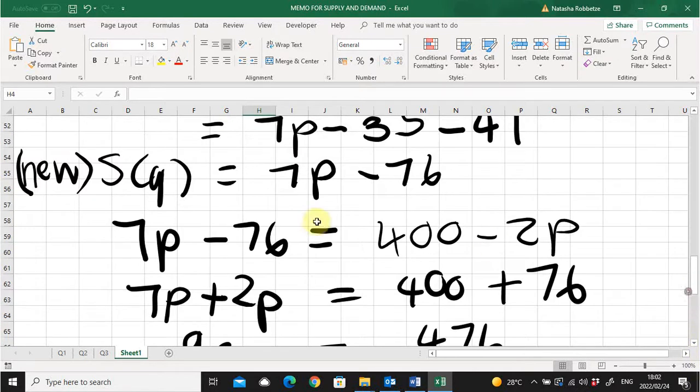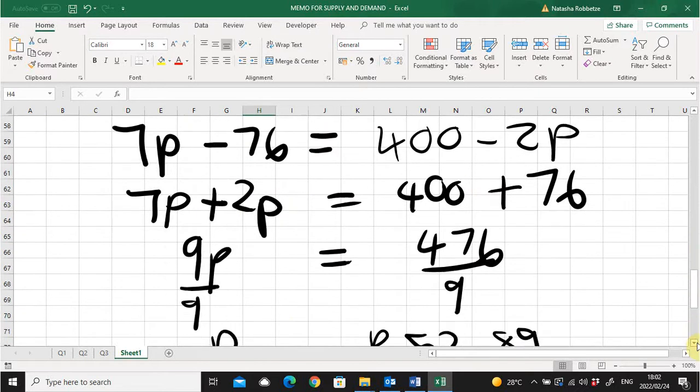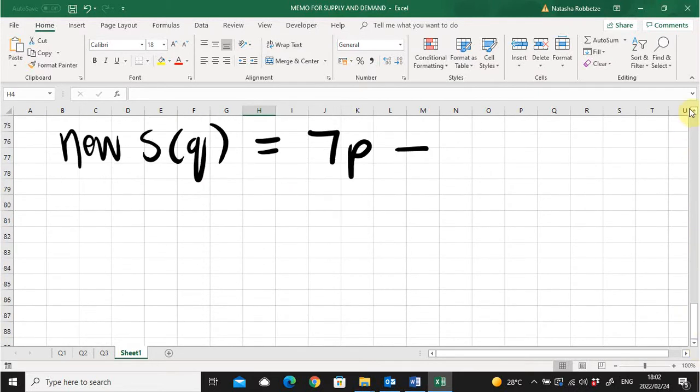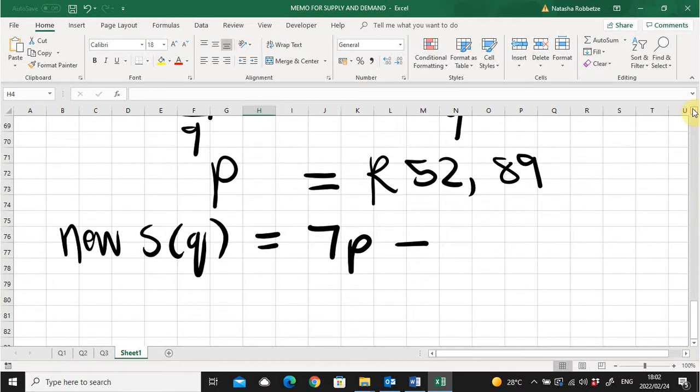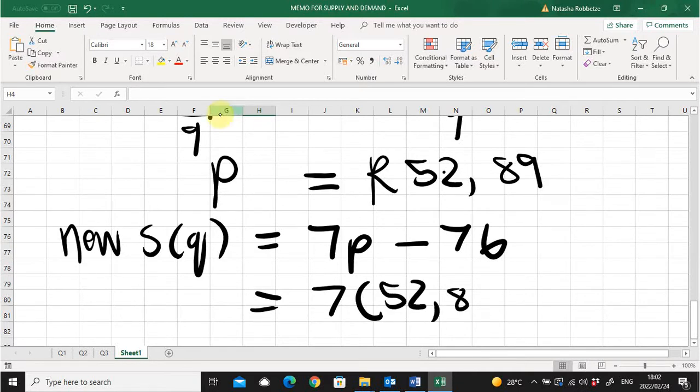We just check, minus 76. Right, so then for the quantity to be calculated, we're going to take 7 times the price we just solved, minus 76.